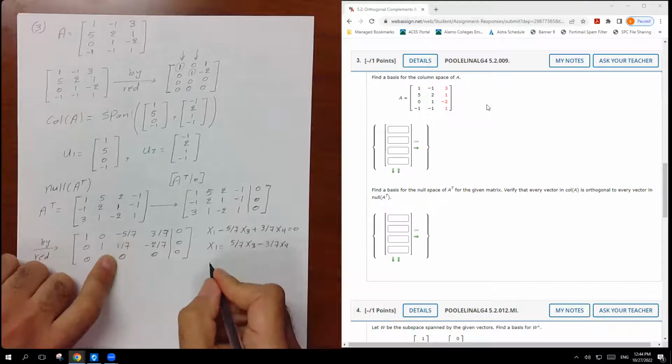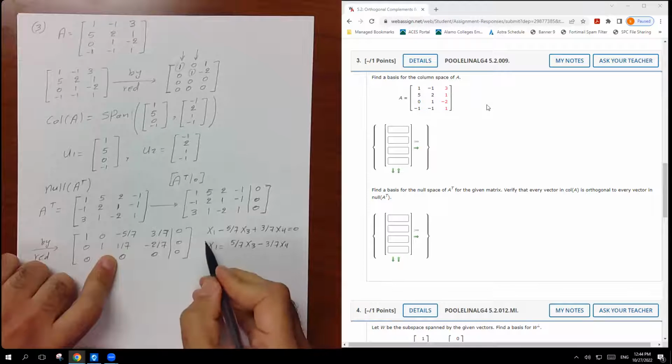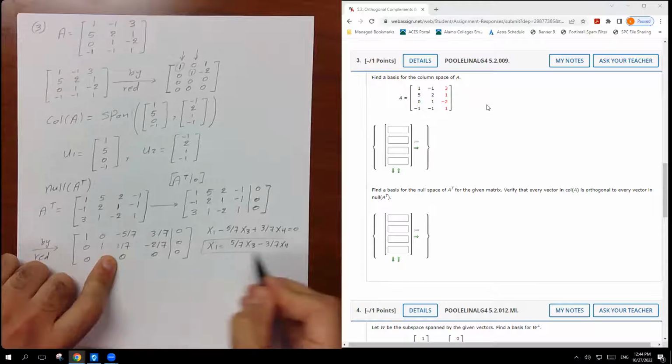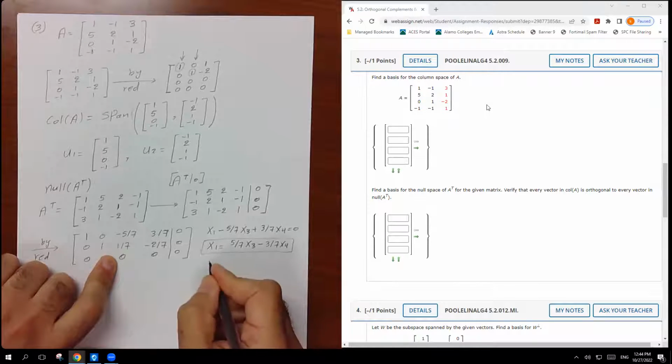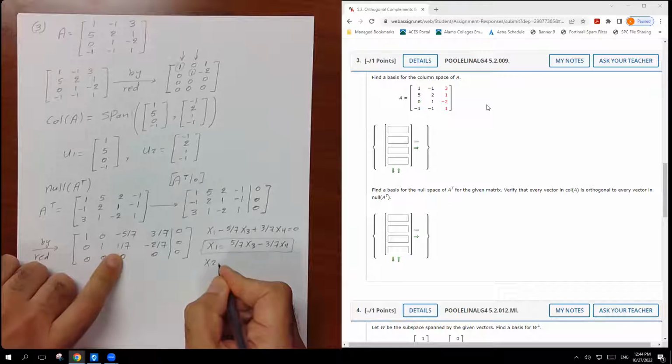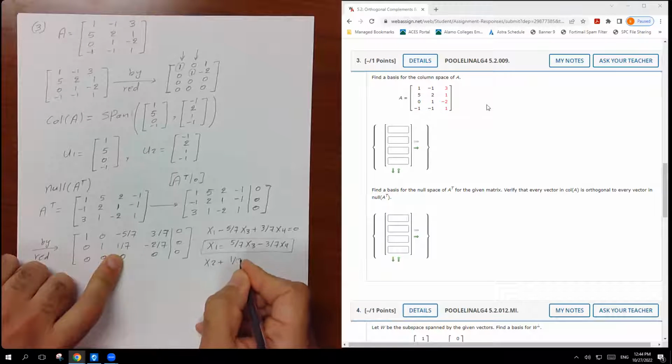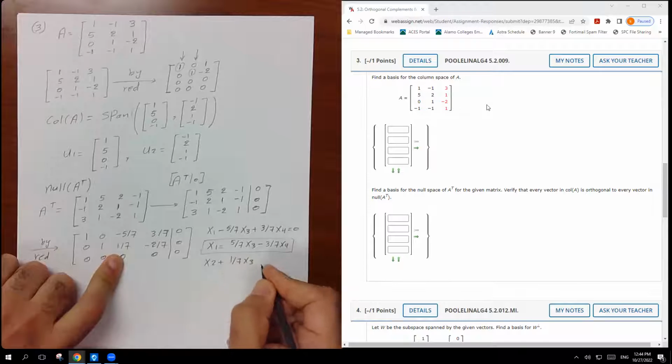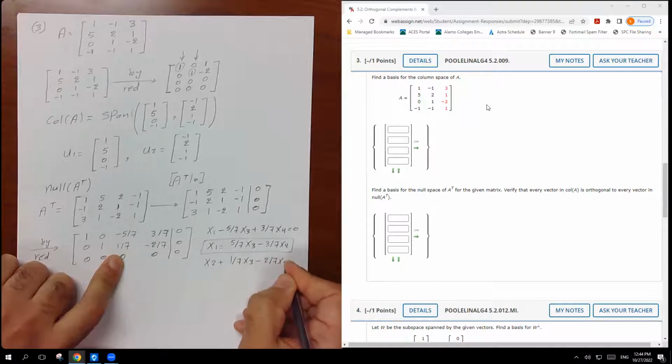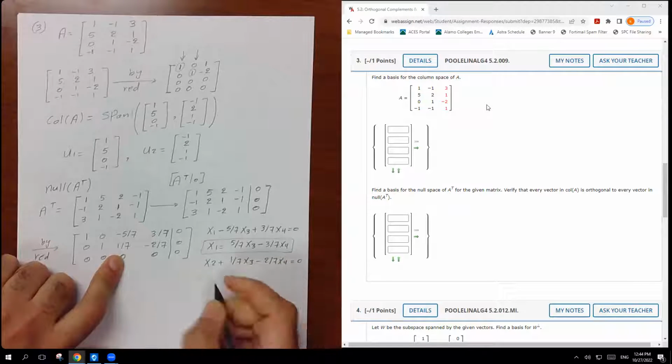And x2 plus 1 over 7 x3 minus 2 over 7 x4 is going to be 0.